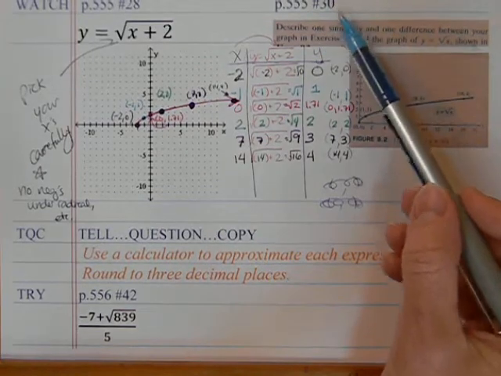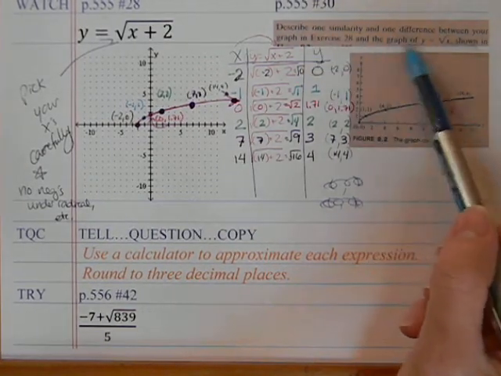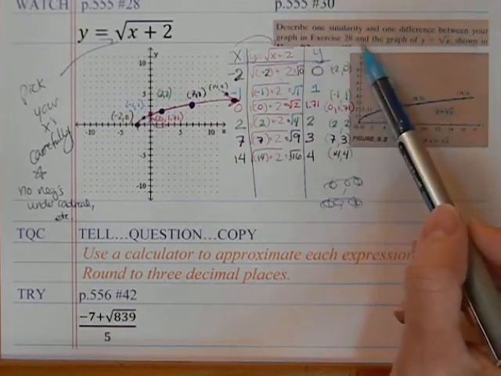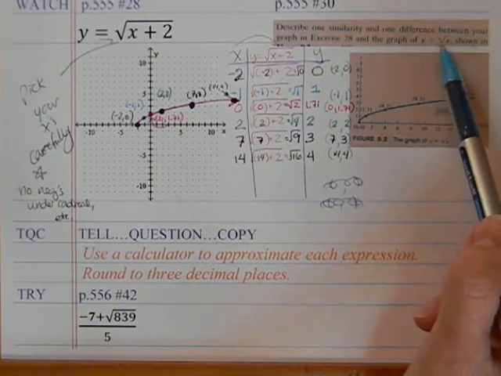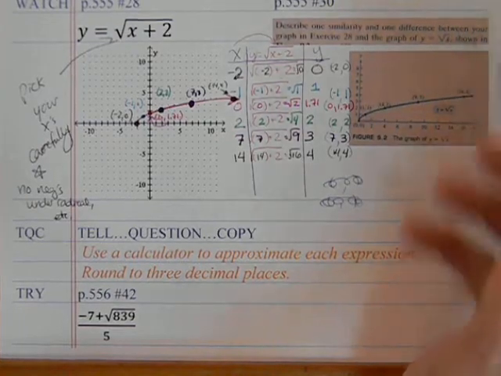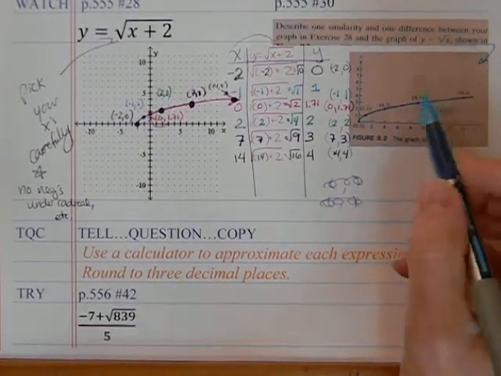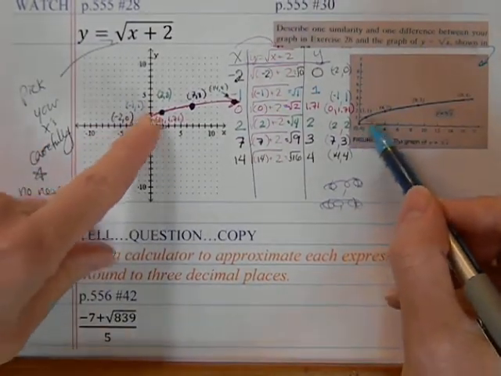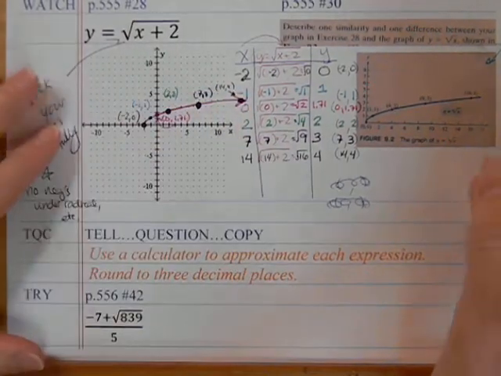Let's look over here at number 30, where it says describe one similarity and one difference between your graph in exercise 28 and the graph of y equals radical x shown in the figure 9.2. It got cut off down here, but we're showing this one. So what do we notice that's similar? Well, the shape is similar.